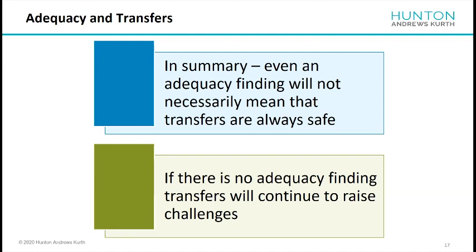So yes, we very much hope that we will get adequacy, but when we get adequacy, we do have to regard it as an ongoing obligation to maintain our law at GDPR standards. And I think there's an additional message here.